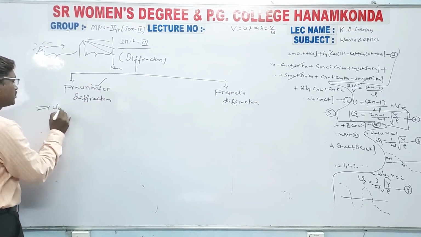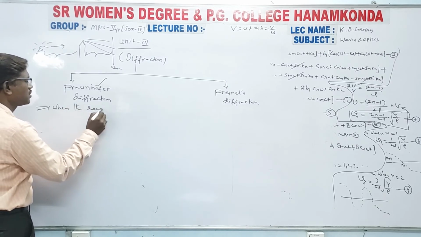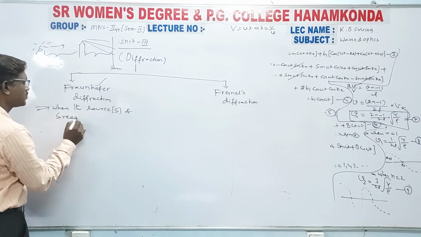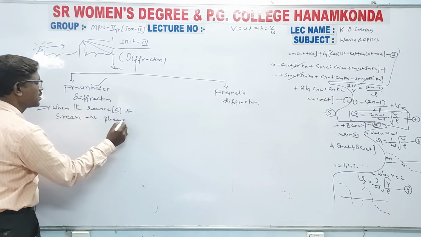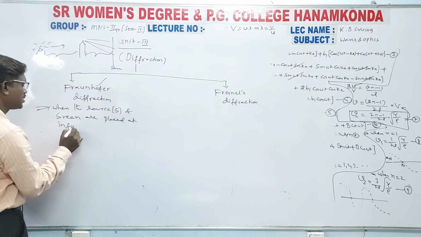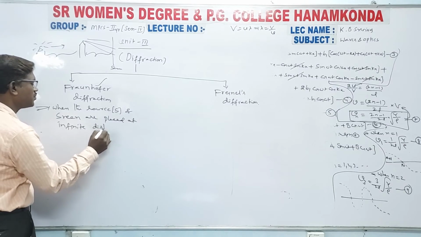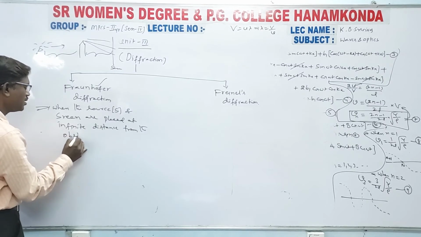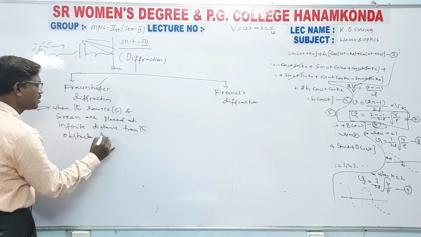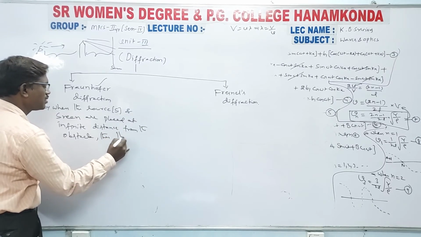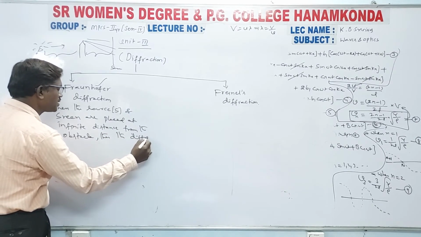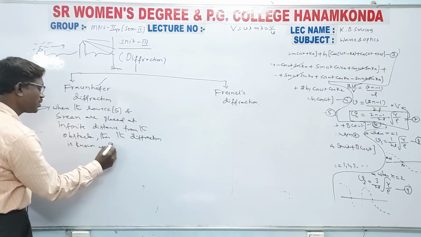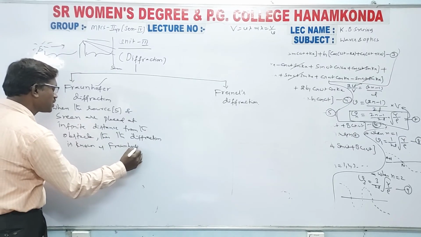First point, when the source, that is S, and the screen are placed at infinite distance from the obstacle, then the diffraction at the obstacle is known as Fraunhofer diffraction.